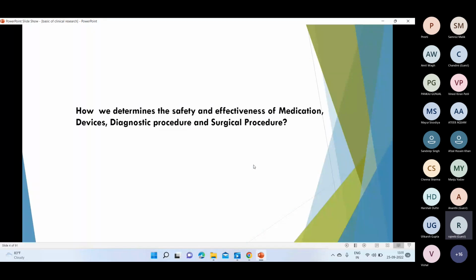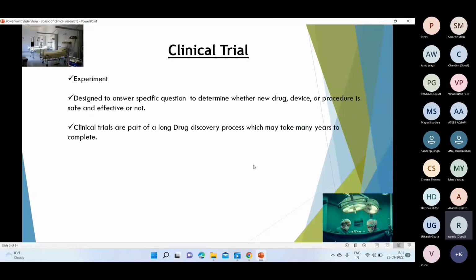Now the question comes. In the previous slide, we learned that in clinical research, we are going to establish the safety and effectiveness of medication, devices, diagnostic products, and surgical procedures. Now the question comes, how do we determine the safety and effectiveness? To determine the safety and effectiveness, we do experiments.